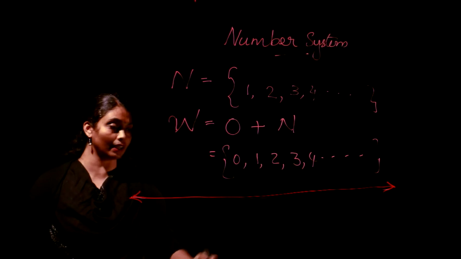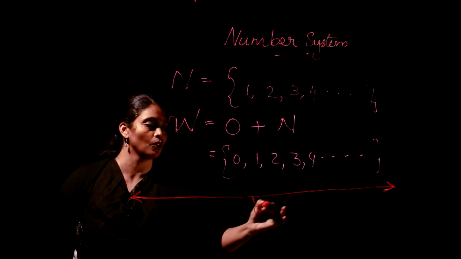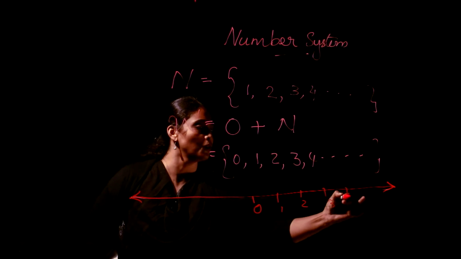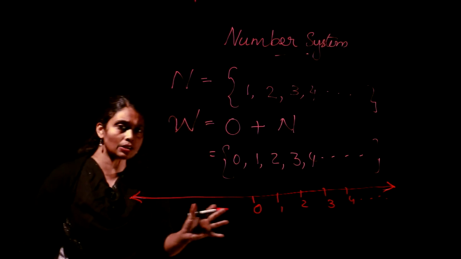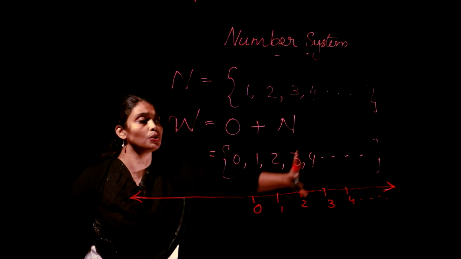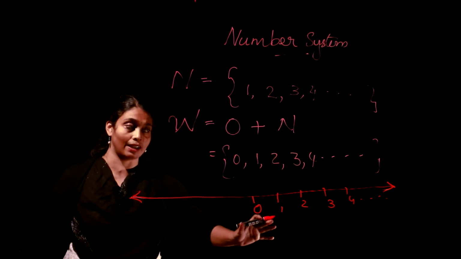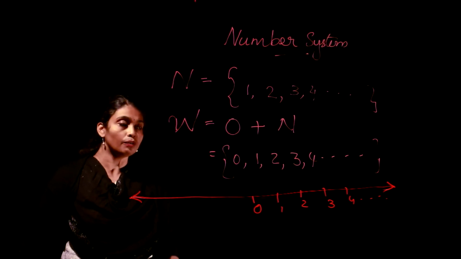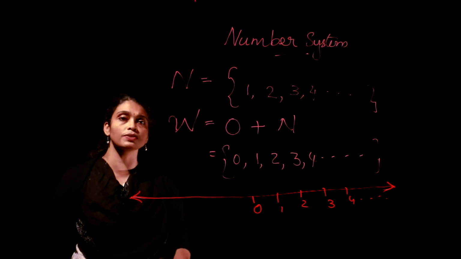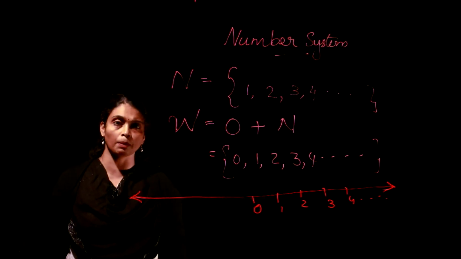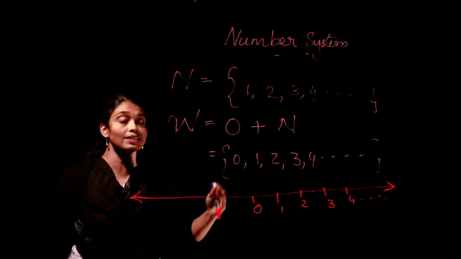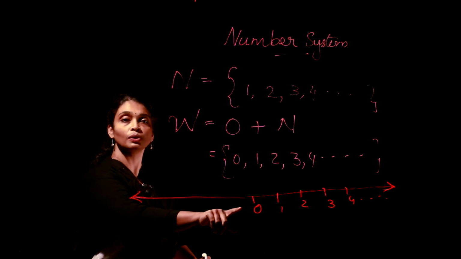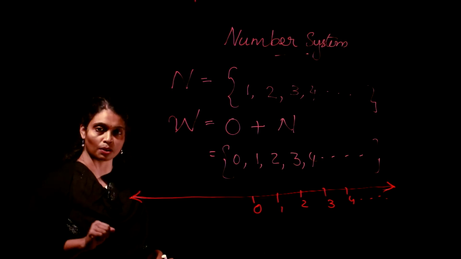On a number line, 0, 1, 2, 3, 4, etc. We can place all the numbers from 0 to infinity on a number line as it can be extended so far. When you come across subtraction of a bigger number from a smaller number, or something in the opposite direction, we have to go beyond 0.